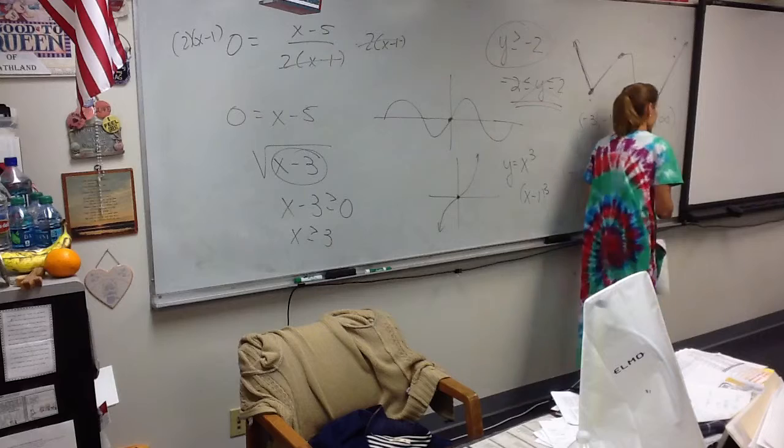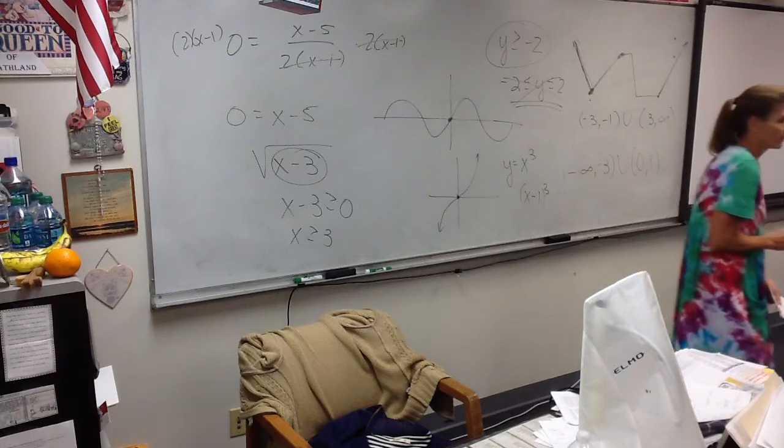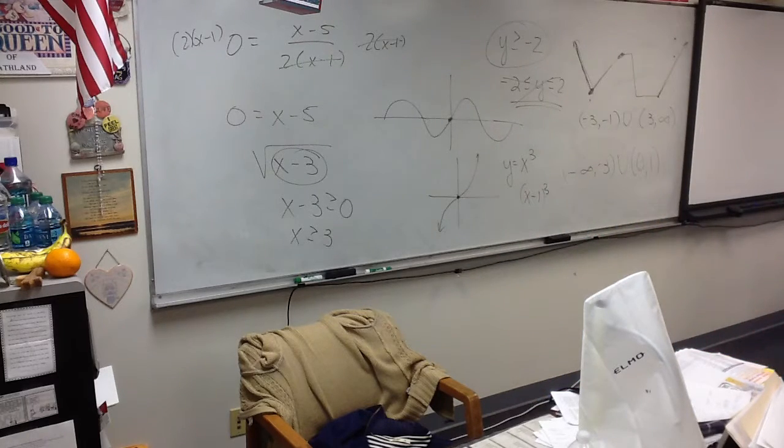I'm looking at x values, left to right. From 0 to 1, my pencil is going down. What's happening between -1 and 0? Constant. And between 1 and 3? Not increasing or decreasing. Okay, got it? You haven't taken the quiz yet.